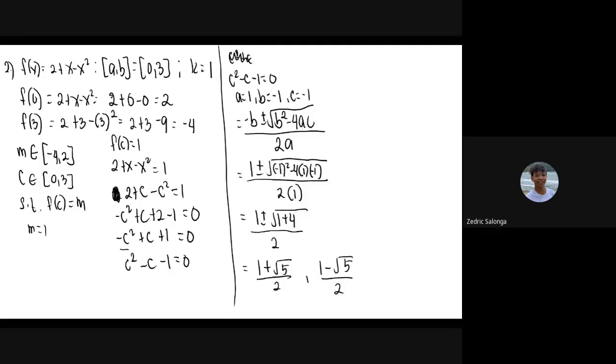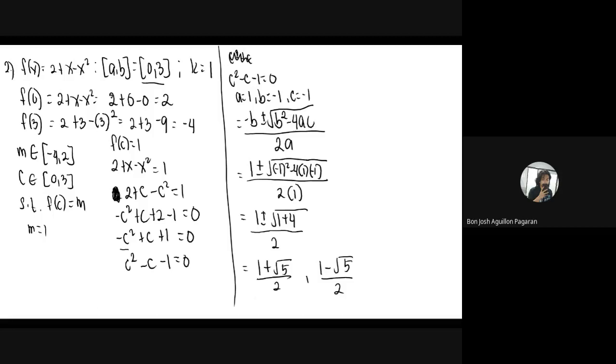The question is, are both 1 plus the square root of 5 over 2 and 1 minus the square root of 5 over 2 in 0, 3? Are they both here? If you are not sure, you can convert them. Can both be accepted? No. That's correct. So, which one only will we accept as the answer?